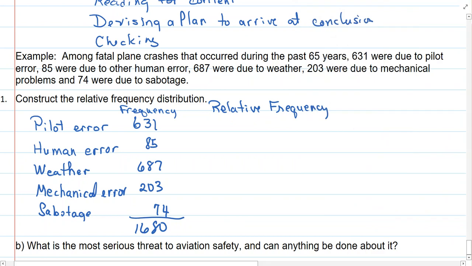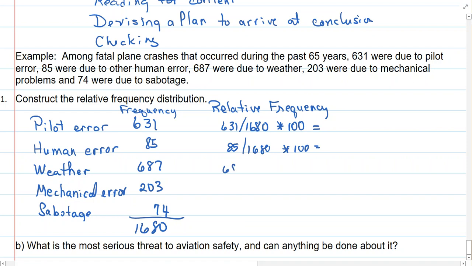So we want our relative frequency. So let's talk about that. So we're going to have the 631 divided by the 1680 times the 100. And we're going to have the 85 divided by the 1680 times that 100.